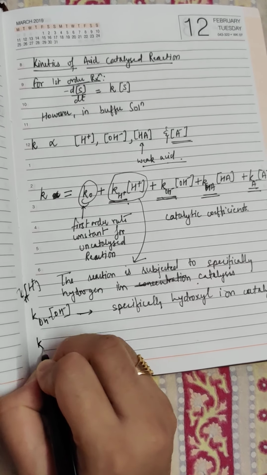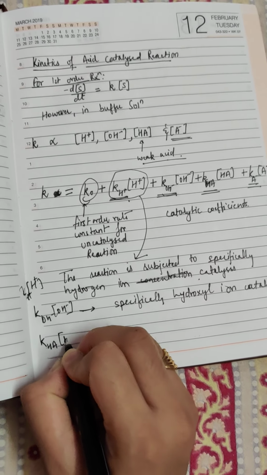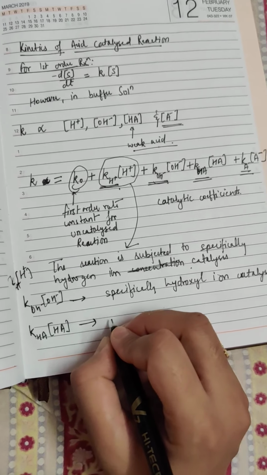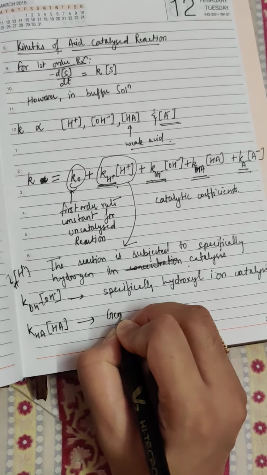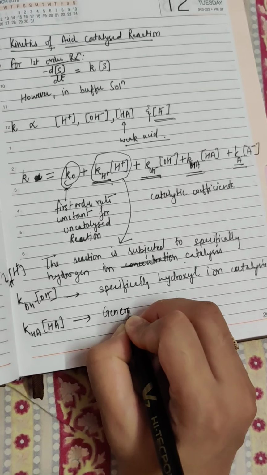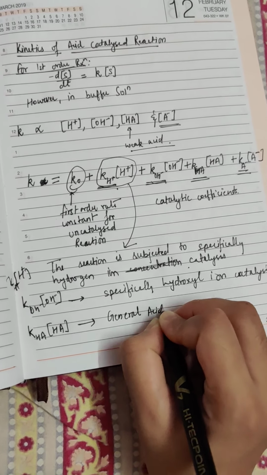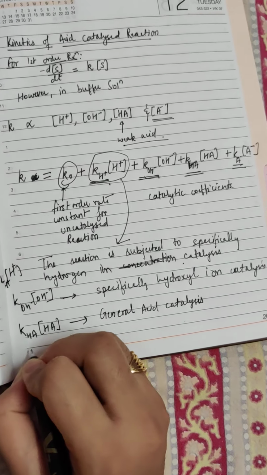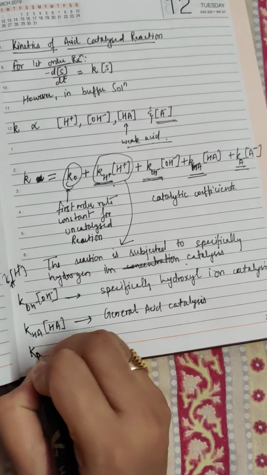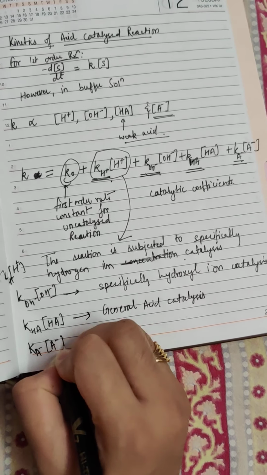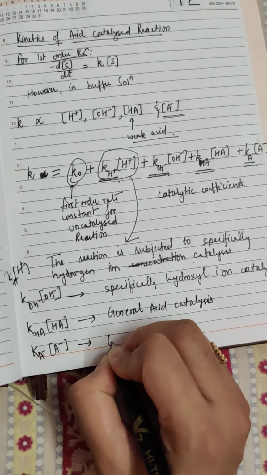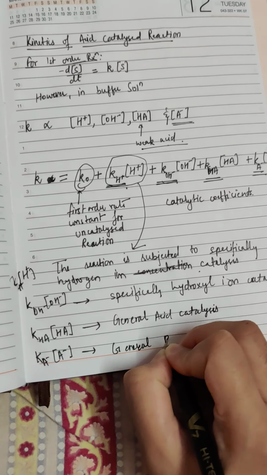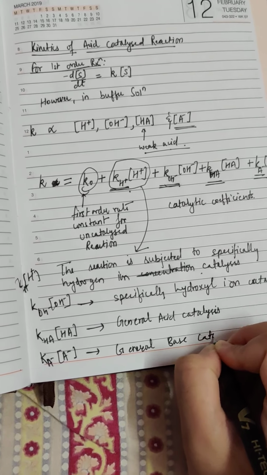Okay, and if the fourth term, that is our acid concentration, is dominating, then our reaction is subjected to general acid catalysis. And if the last term, that is our conjugate base term, is dominating, then we can say it is general base catalysis.